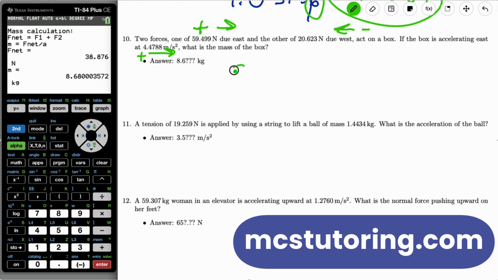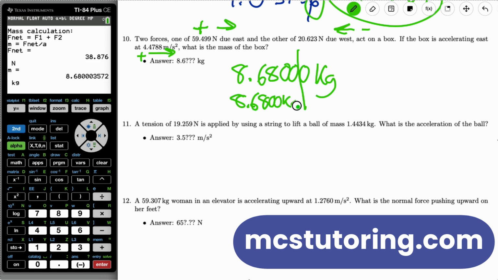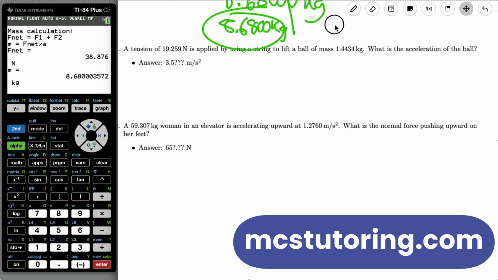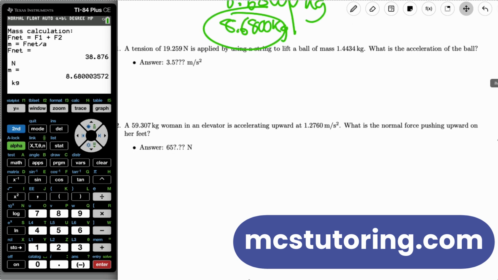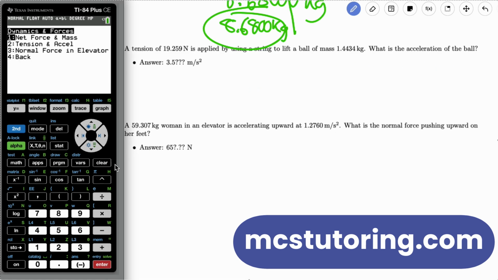Oh, there we go. So we got 8.68. We got a whole bunch of zeros, so I'm not even worried. Kilograms. Let's see, we went 3 after the 6, so 8.6800 kg. Okay, great. Oh my gosh, 2 left. Awesome. Okay. Next one.